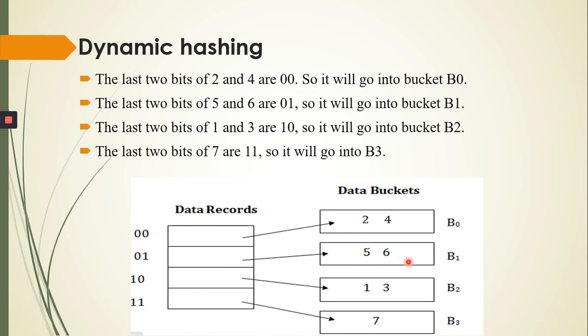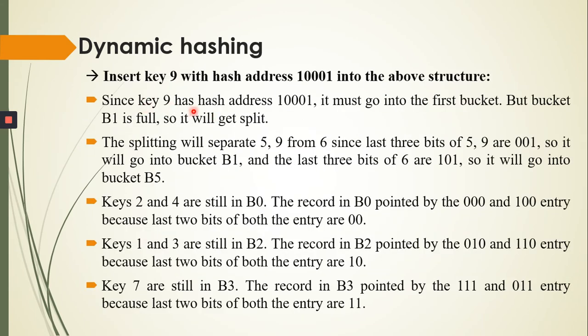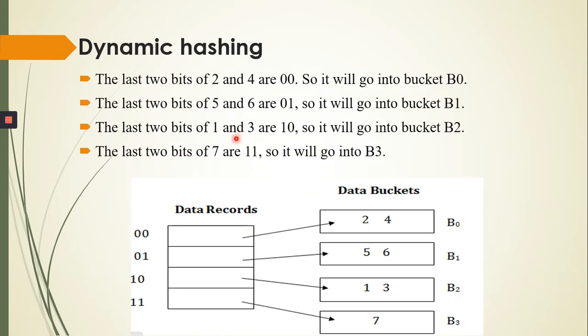So the bucket will overflow. Since key 9 has address 1001, it must go into the first bucket, but bucket B1 is full, so it will get split. When we put 9 over here, the bucket overflows, so we have to split from 6.